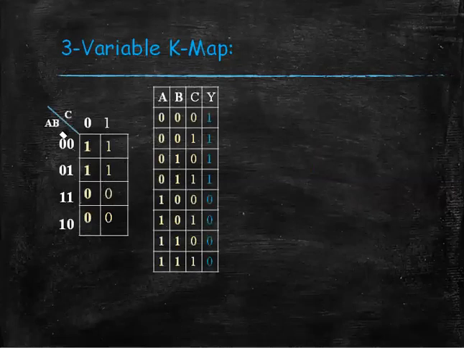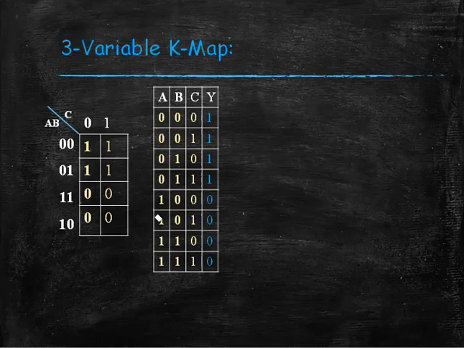If we group these 4 ones, it is known as a quad. Okay, then we take it as a quad.